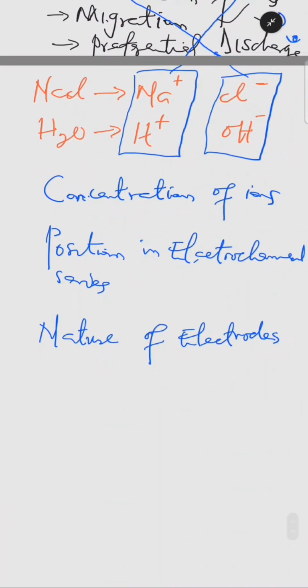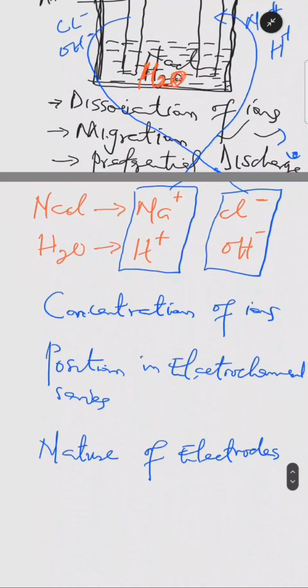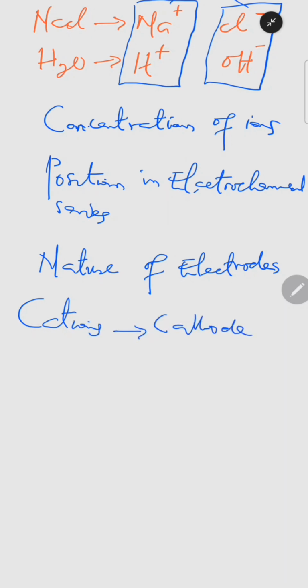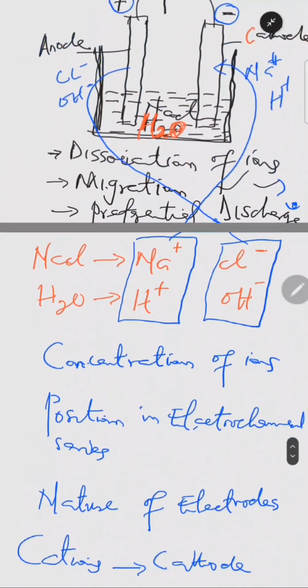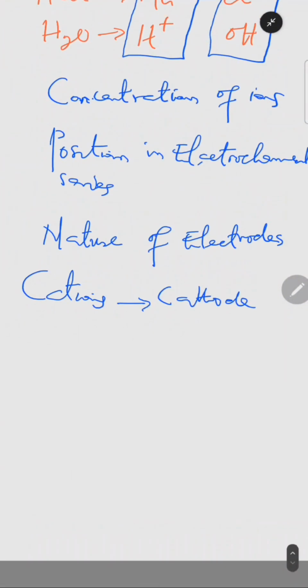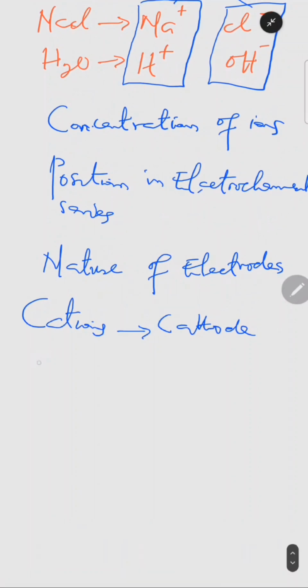Now let's take the cation first. Ions found on the cathode are called cations. And the two ions found on the cathode are sodium and hydrogen. So we're going to have sodium ion, Na+, and H+.